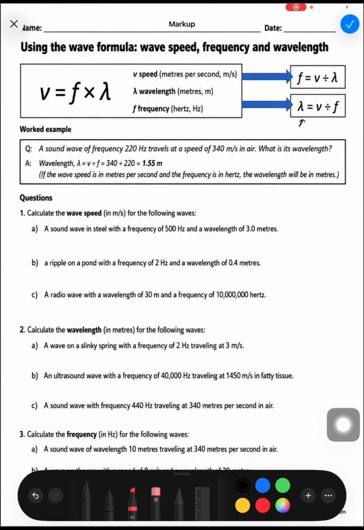So calculate the wave speed in meters per second for the following waves. A sound wave in steel with frequency of 500 Hz and a wavelength of 3 meters. So what are we trying to find? We're trying to find the wave speed. So wave speed is just V. So in this first question, for A, B and C, we'll keep using the formula V is equal to frequency multiplied by wavelength.